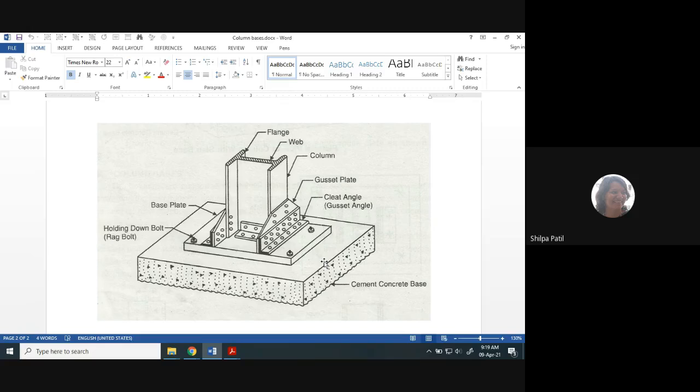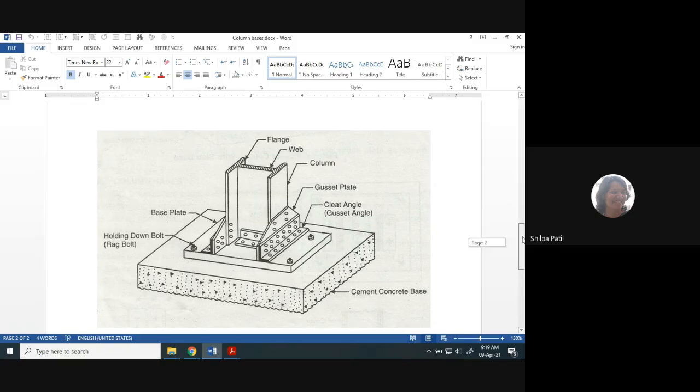Okay, even in the industrial shed also, we normally go for the gusseted base, because industrial sheds are also subjected to vibrations because of the operation of machines. So in case of an industrial shed also, we normally go for the gusseted base. Okay, so in your term work, you have a choice whether to design a slab base or a gusseted base.